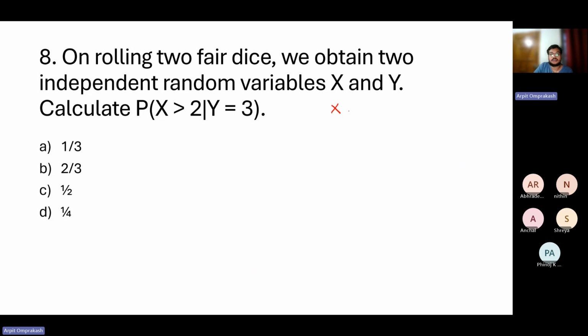X is our random variable for the first die, which, it's a discrete random variable as we talked about. It can again take on values from 1 to 6. And Y is for the second die. First dice, second dice. You can take 1, 2, 3, 4, 5, 6.